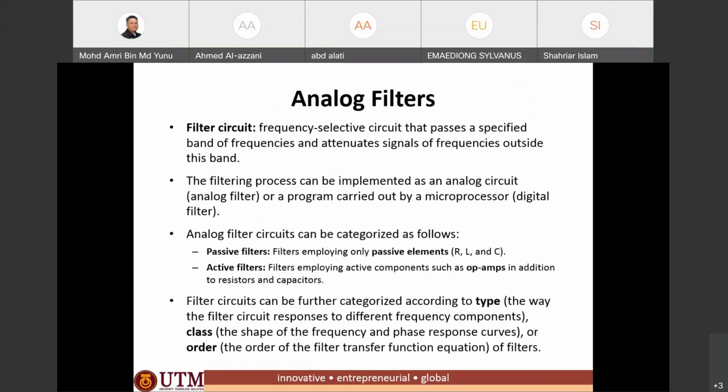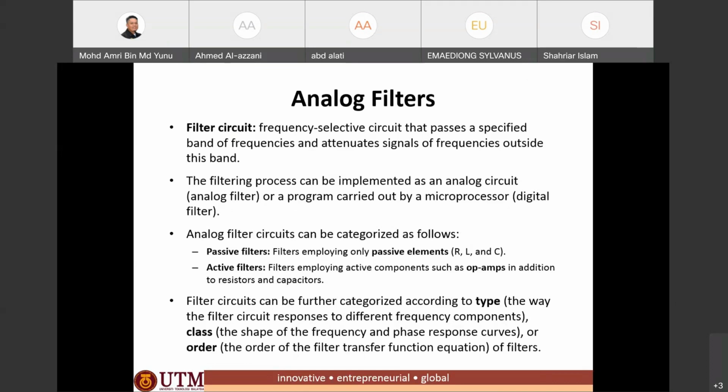Okay, coming to analog filters. Basically, analog filters only select the desired frequency range and remove all the range that we do not desire. There are passive and active filters.